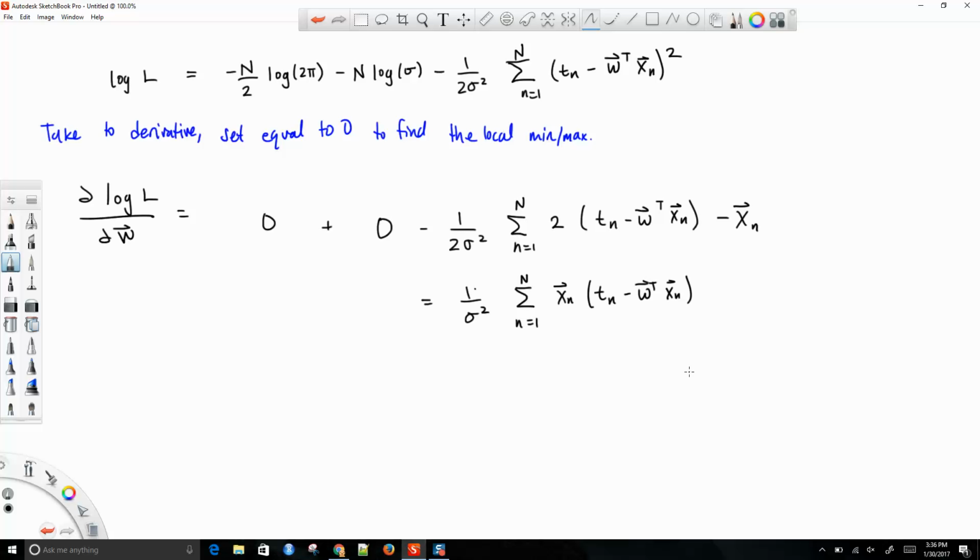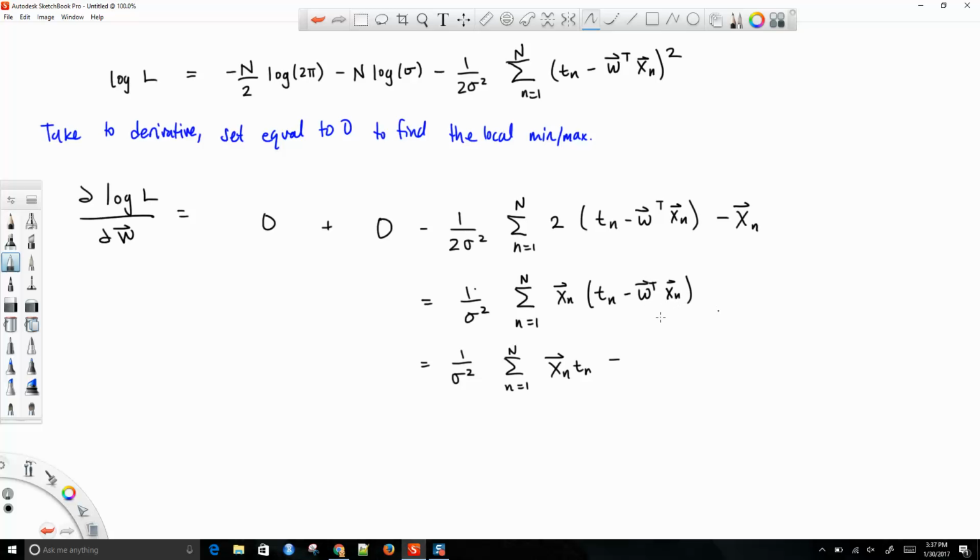All right, and so we're still trying to find the derivative of all of this. Now I'm going to distribute the xn term on the inside here, and so this will give me xn tn. When I bring this over here, to make my life easier later, I'm going to do some rearranging.